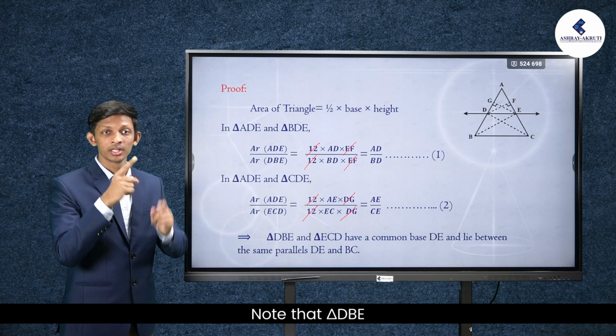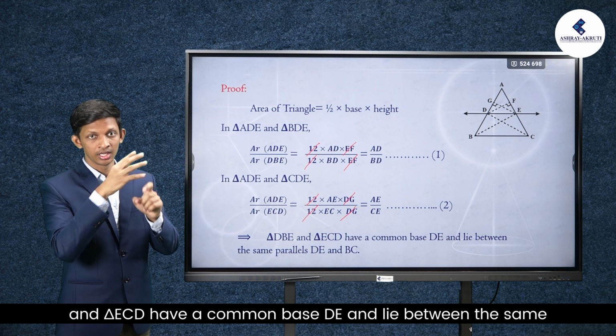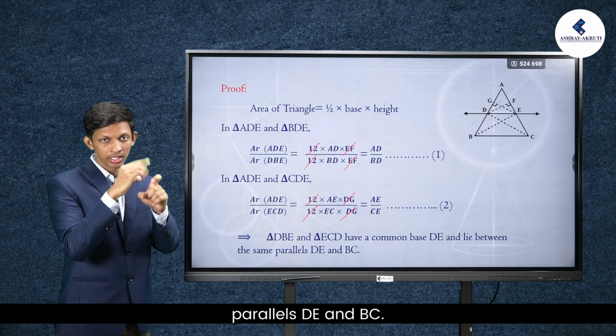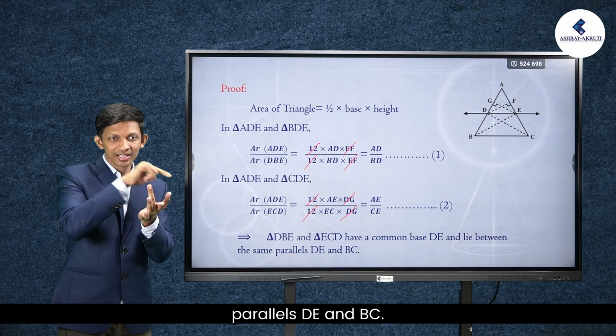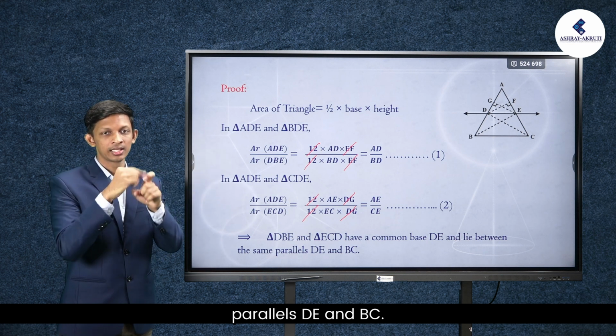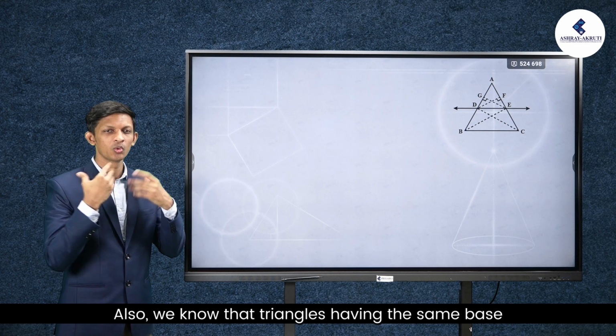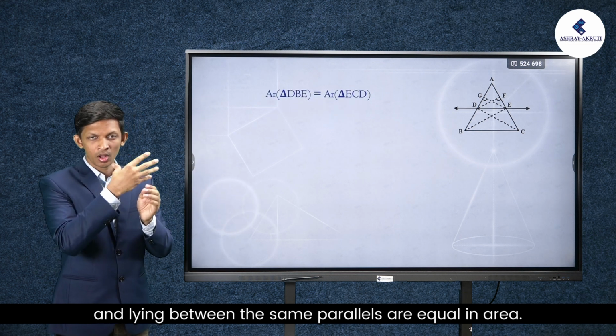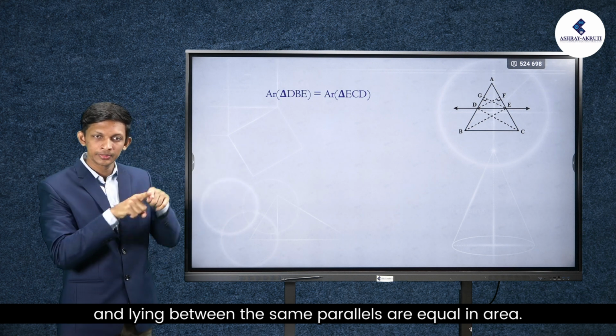Note that triangle DBE and triangle ECD have a common base DE and lie between the same parallels DE and BC. Also, we know that triangles having the same base and lying between the same parallels are equal in area.